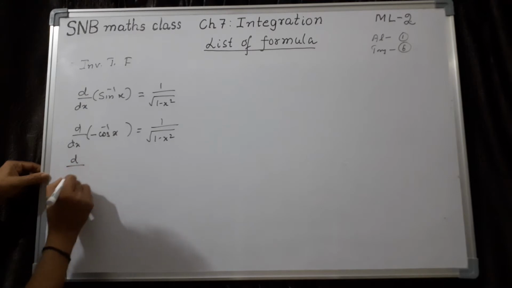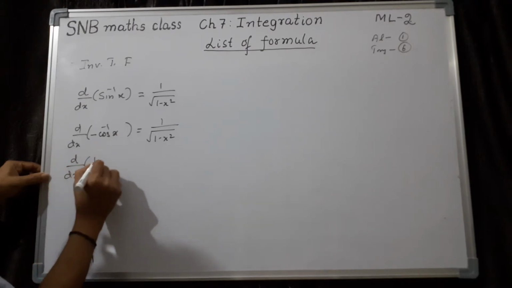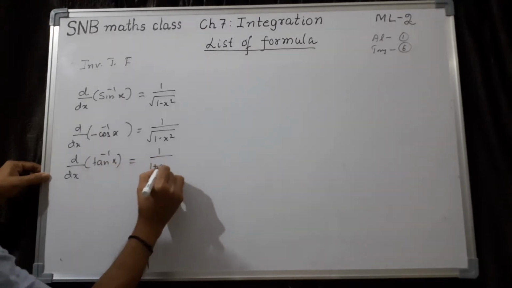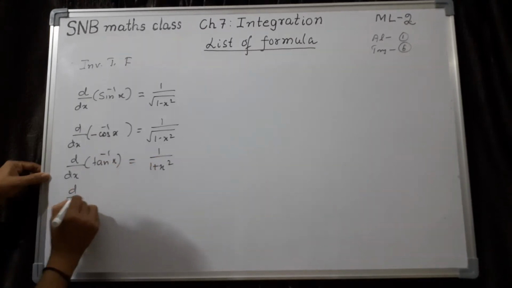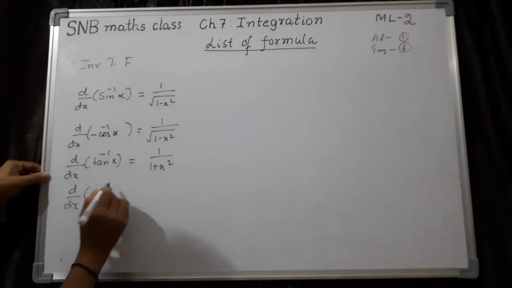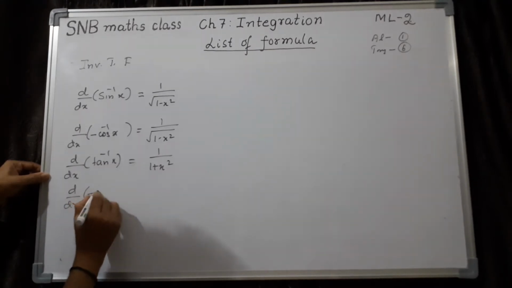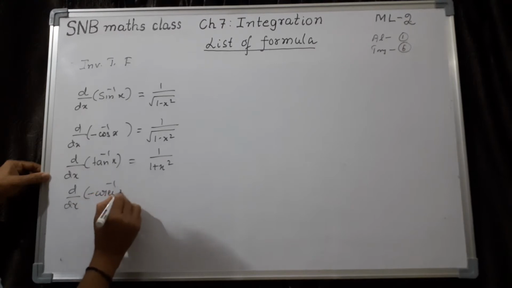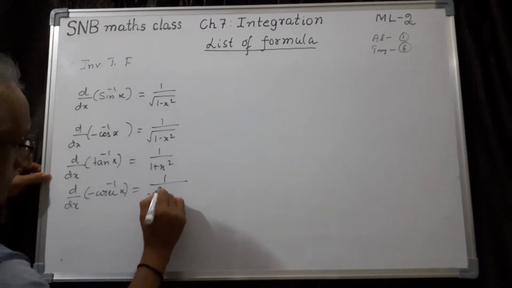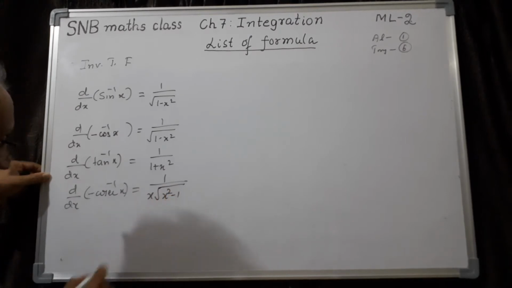Same thing, d by dx of tan inverse x is 1 by 1 plus x square. d by dx of cosecant inverse x, of course we have to take with minus 1. Cosecant inverse x, if you remember, is 1 by x into square root of x square minus 1.